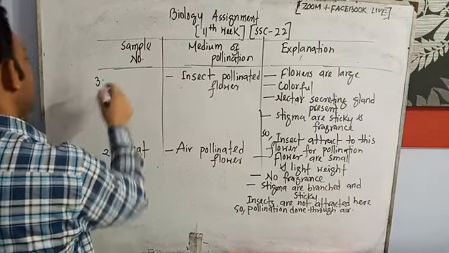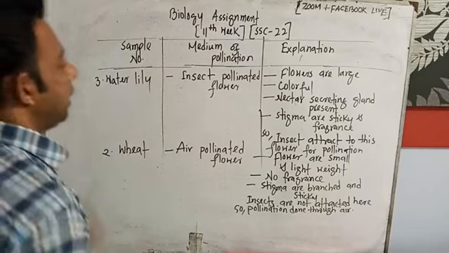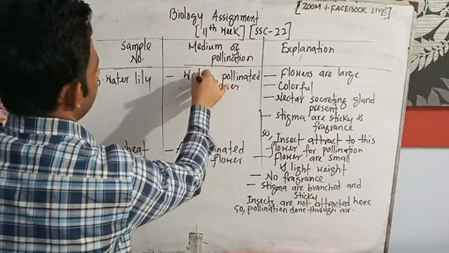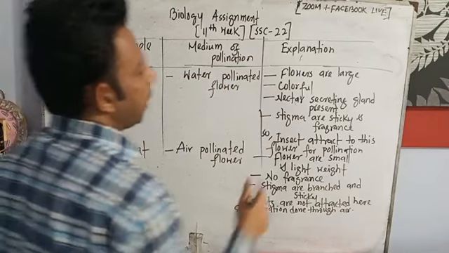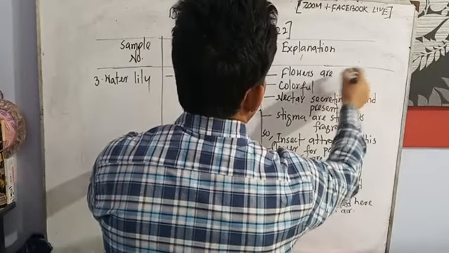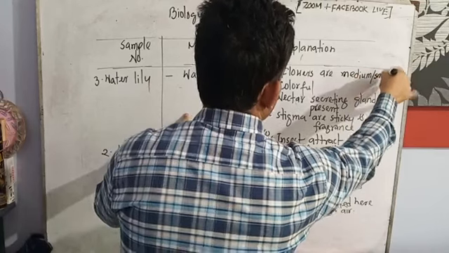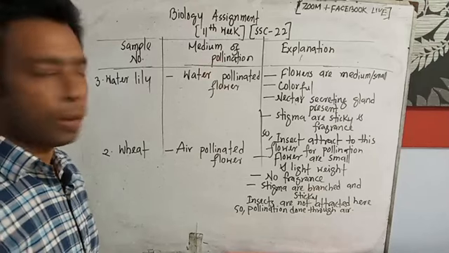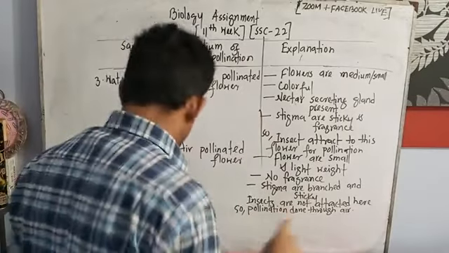Number third, it was the water lily. Yes. Okay. Water lily. It is the water pollinated flower. And I told you there also, comparatively you can write up here, flowers are medium or small. Since we made a tick sign in case of the medium, I have written on them.